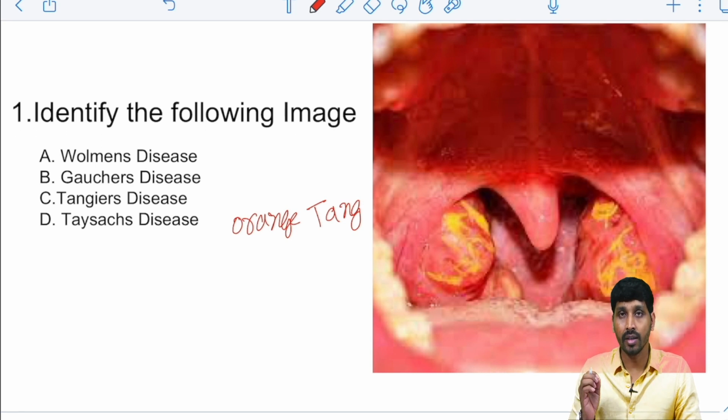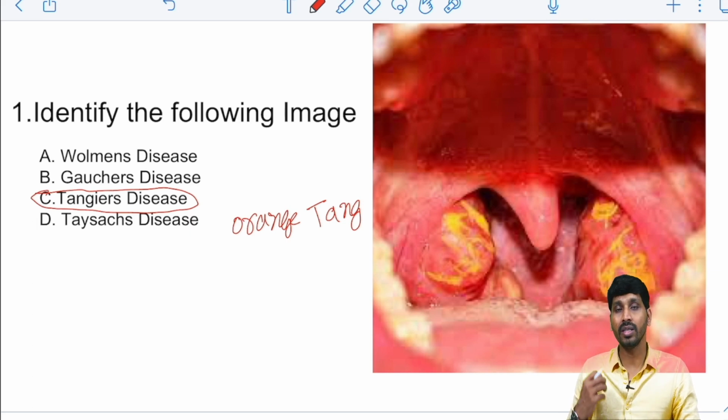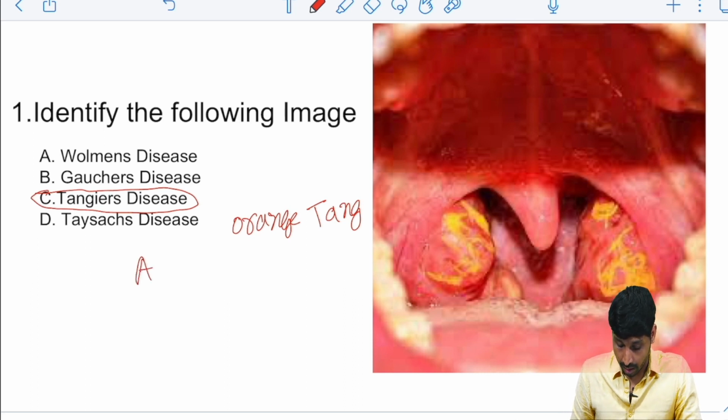It is a clinical feature of Tangier's disease, right? And what is the defect causing this orange tonsillitis? Here the defect is a mutation in the ABCA1 gene. So what is this ABCA1?